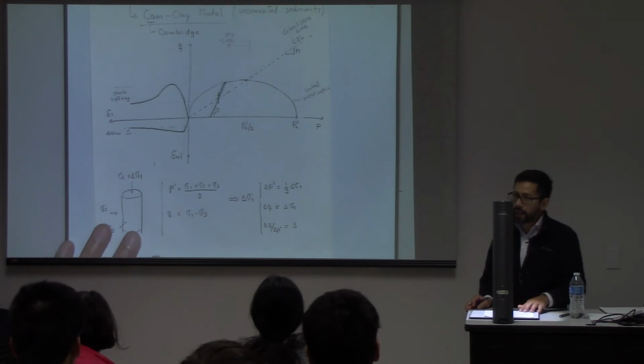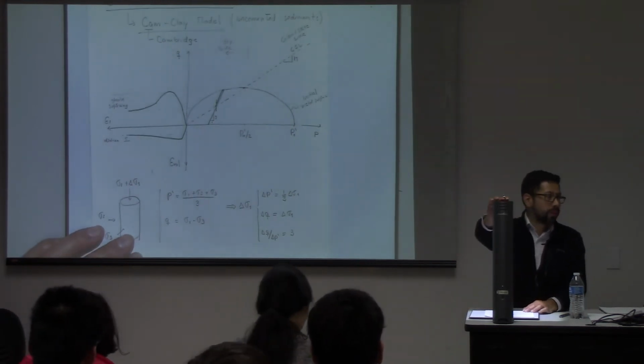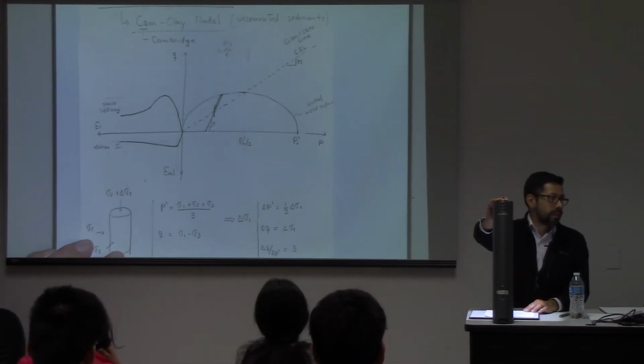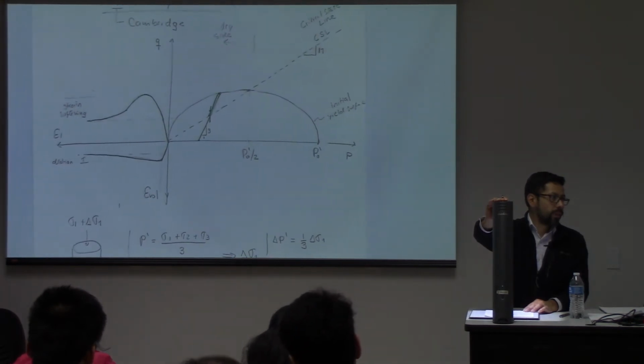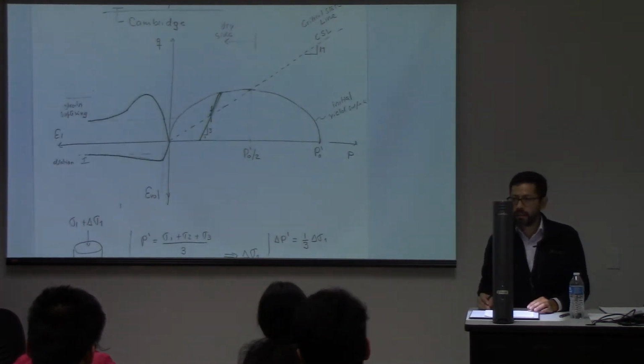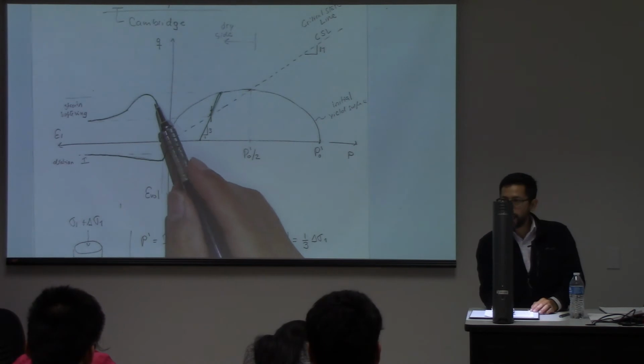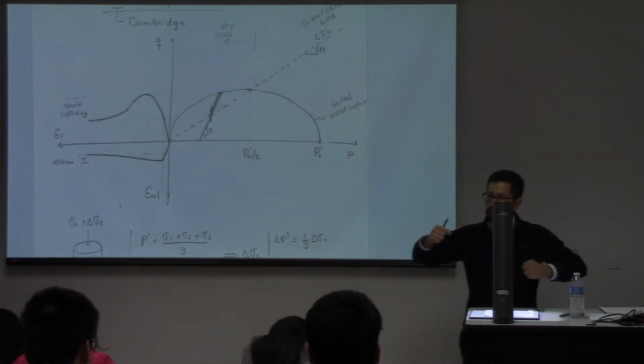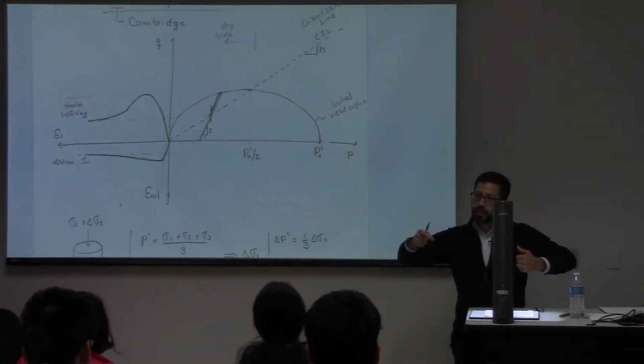And it's called dry because if you were to have, let's say we're working with sand, if you have dilation, as you dilate, your pore space will tend to be bigger and will tend to suck water.